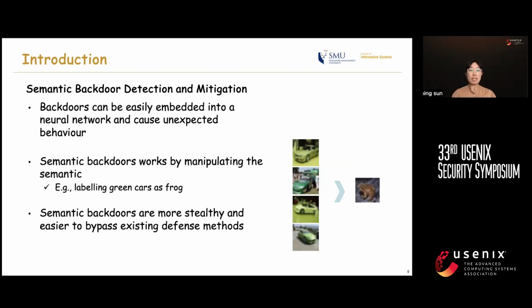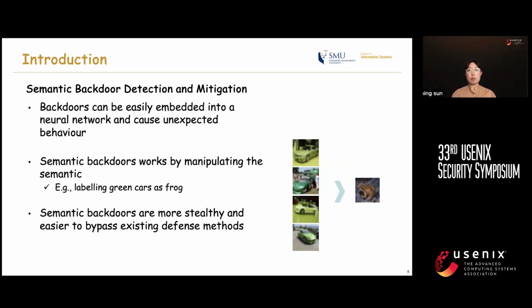As shown by many existing works, backdoors can be easily embedded into a neural network and cause unexpected behavior. And the semantic backdoor is one type of neural network backdoors. It works by manipulating the semantic of an input. One example illustrated here is that the attacker chooses to label all the green cards in the training set to a frog.